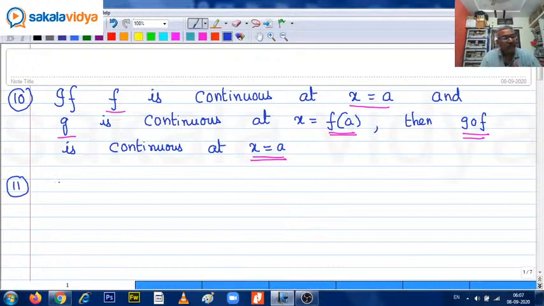Identity function is also always continuous, you remember. Geometrically, continuous means if you are able to draw any graph without lifting your pen or pencil on the graph paper, that's always continuous. So that's the test for continuity.